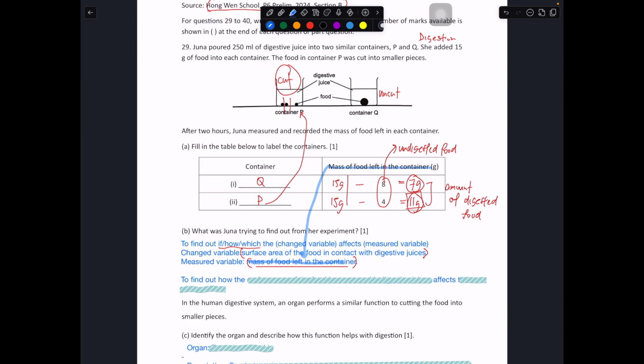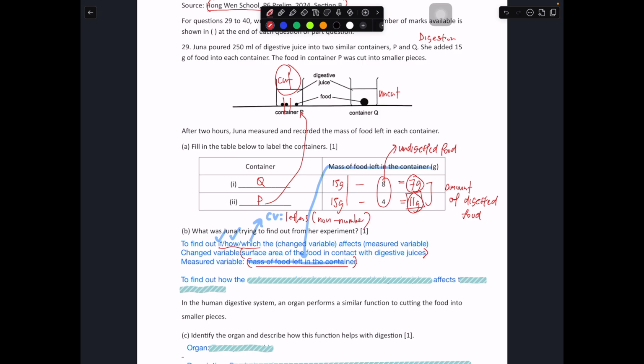You can say, to find out if the surface area of the food in contact with digestive juice affects the mass of food left in the container, or you can say how. If and how will be more applicable. Which is usually applied when asking which material is the best or which material is the poorest. So it applies when your change variable is represented by letters or non-numbers.